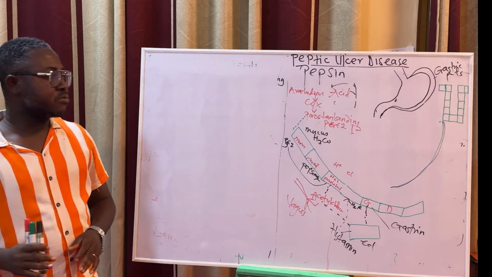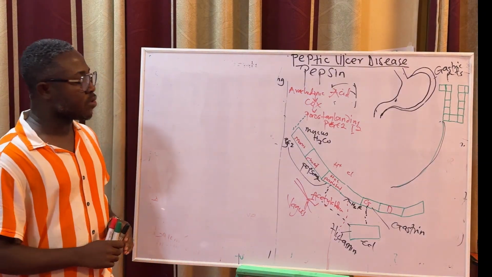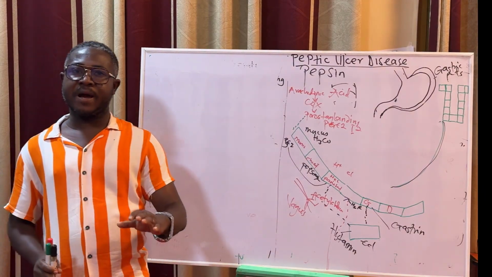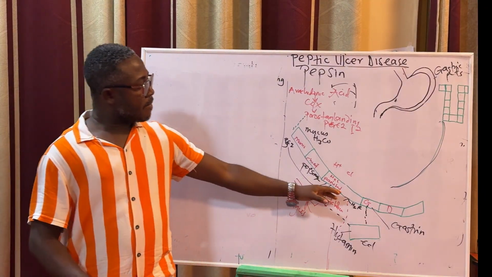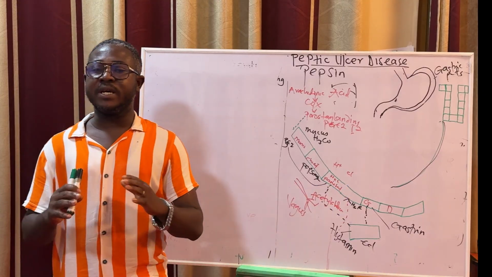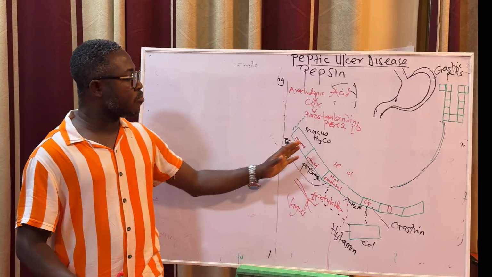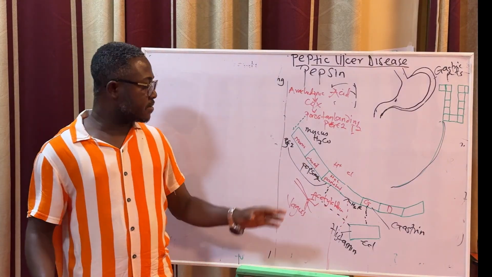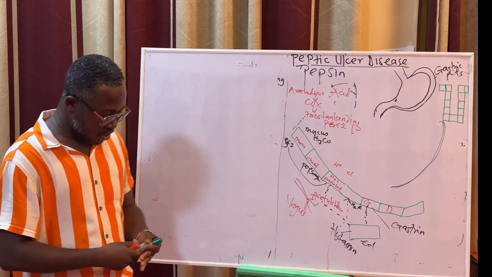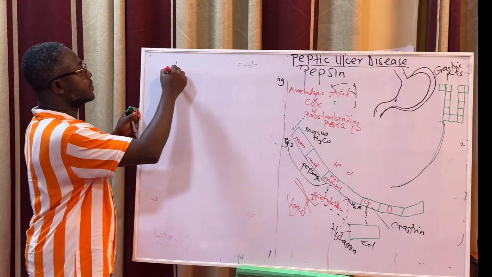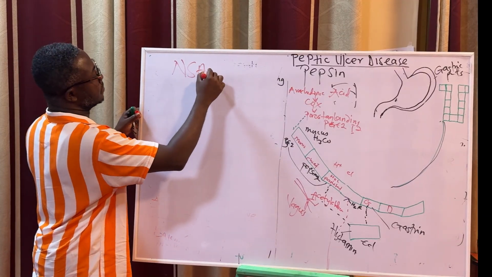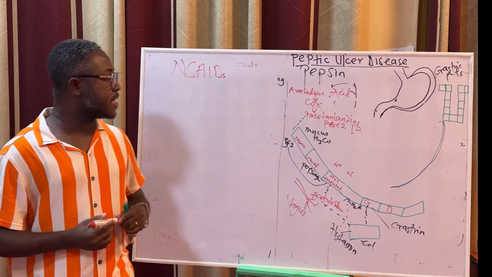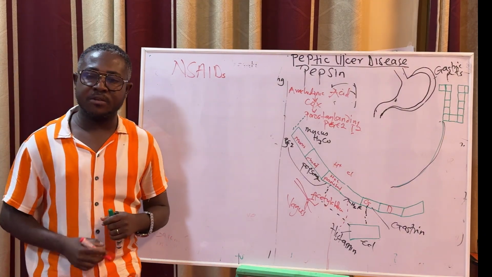So when we talk about risk factors of peptic ulcer disease, we are just trying to look at a situation whereby the parietal cells are going to be stimulated more to produce more hydrochloric acid and then less mucus production. So let's look at one, NSAIDs, as in excessive intake of NSAIDs. And NSAIDs include diclofenac, Brufen, and co.